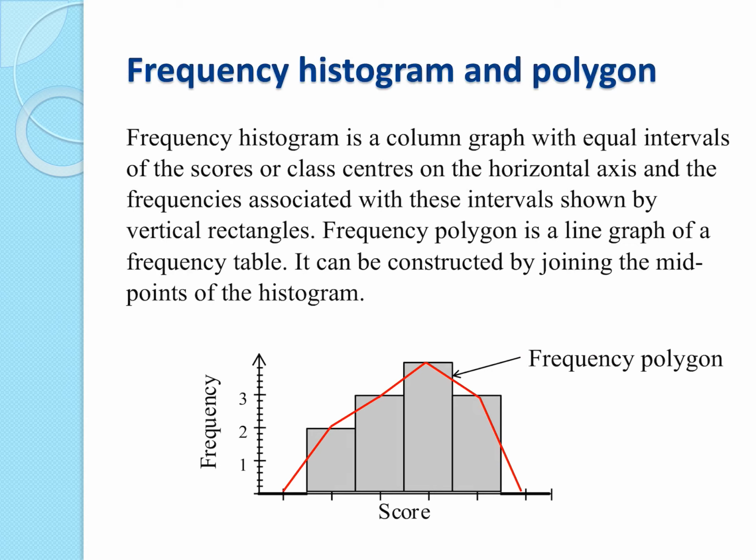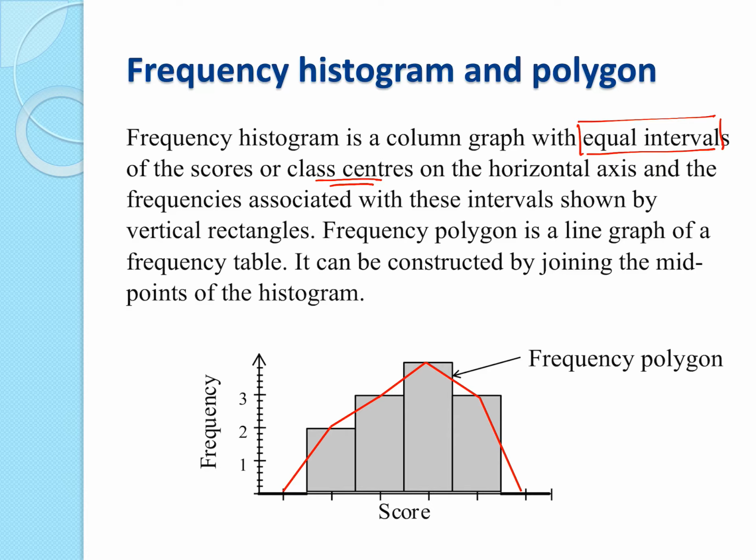Okay, moving on. Frequency histograms and ultimately cumulative frequency histograms are just a visual of the two tables that you just explored. So first of all, along the horizontal axis, you're going to have equal intervals of the scores, or you could also use the class centers from the table that you just visited under frequency histograms.